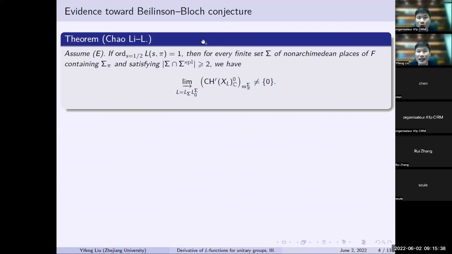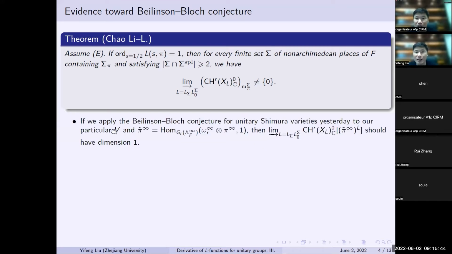So I will explain why this gives evidence toward the Beilinson-Bloch conjecture for unitary Shimura varieties. So if we apply the Beilinson-Bloch conjecture for unitary Shimura varieties from yesterday to our particular V, yesterday there is a V and there is also a pi tilde.